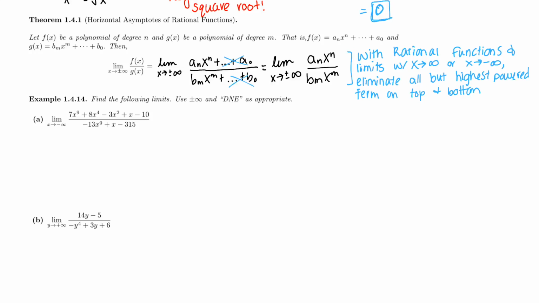So if we look at this first example here, we have the limit as x is going to negative infinity. So because x is going to negative infinity, we can use this rule up here.